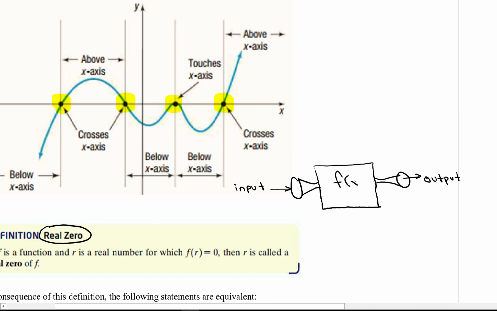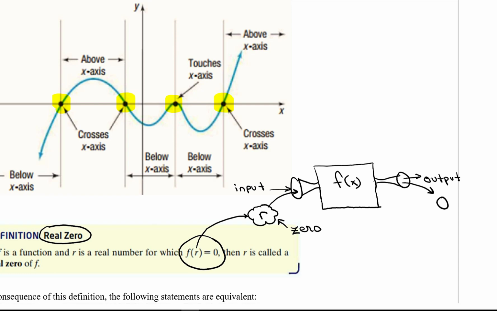So this is what it's saying here. It's saying if you input this value, they're calling it r, and then it gives you this value of 0 over here, we're going to call this r value a zero. I know that you're like, but that value probably isn't a 0, and you're right, it probably isn't. It could be a 0, but the fact is that it produces a 0.